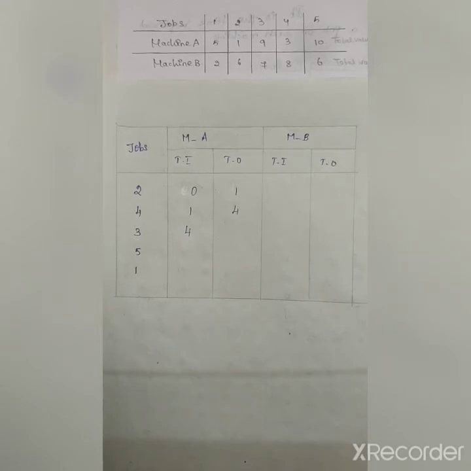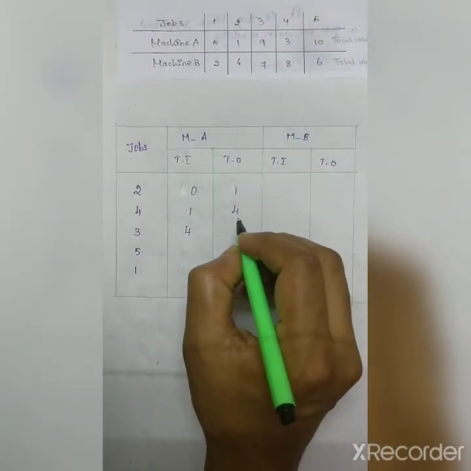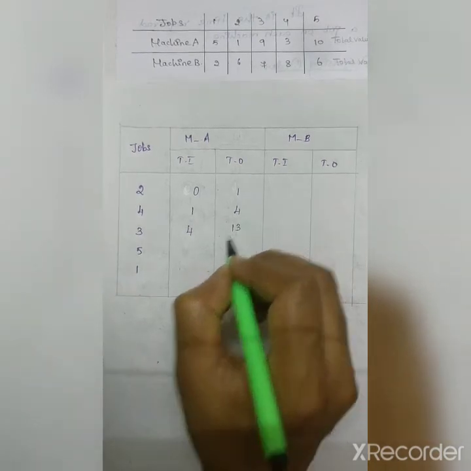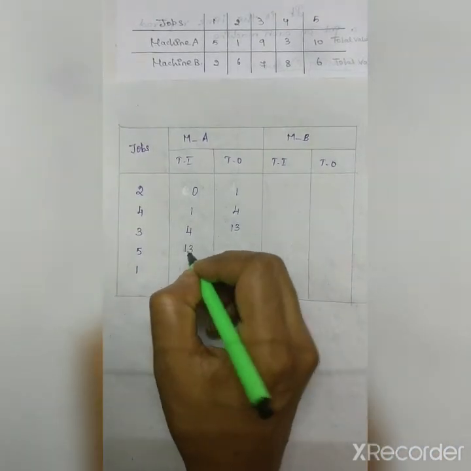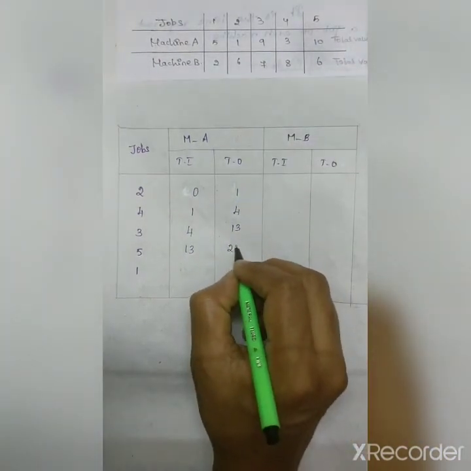The next job is 4, whose processing time is 3 hours, so 1 plus 3 is 4. The next job is 3, with time in 4, and finishing time 9. So 9 plus 4 is 13, which is the time in for job 5. Adding 10 gives 23.